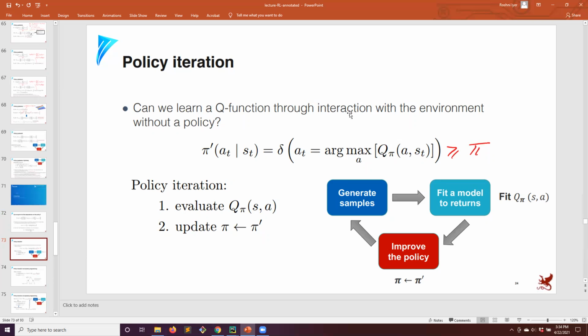So when we are doing this argmax operation here, and then applying this Dirac delta, we can say that this pi prime would be better than pi, because we're doing this argmax explicitly.